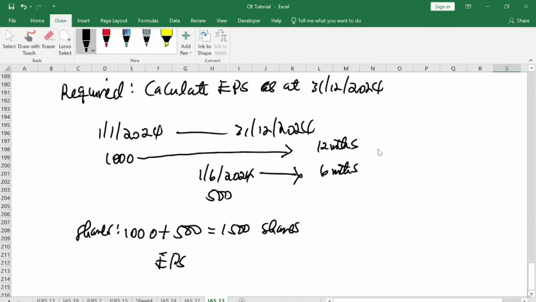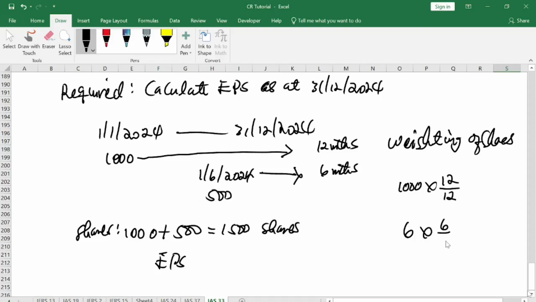That is what we call weighting of shares. So how do we weigh shares? This share travels 12 months, so it will be 1,000 multiplied by 12 over 12. And this share travels 6 months, so it will be 500 multiplied by 6 over 12. This is how shares are weighted, so that their values will not be the same.